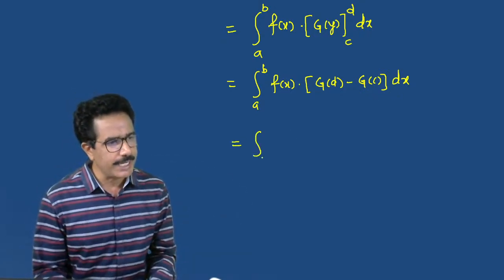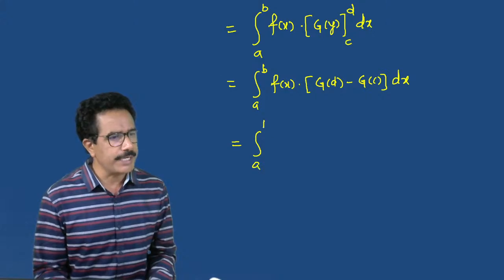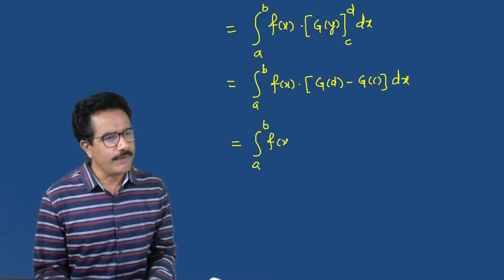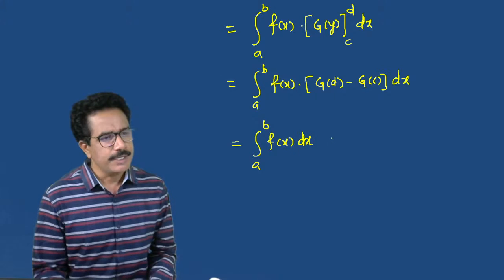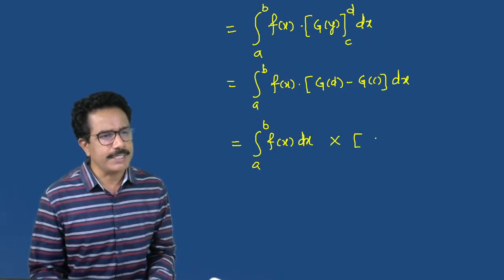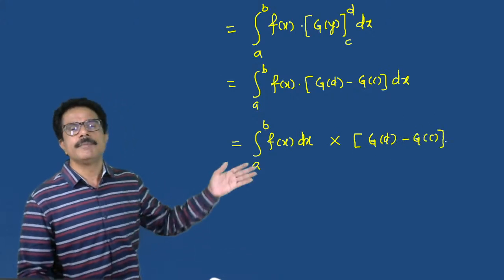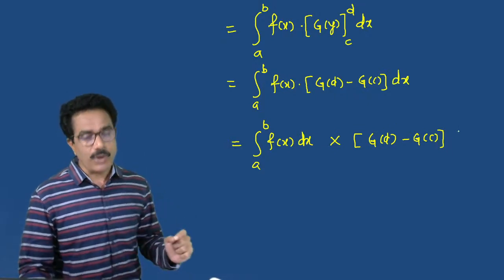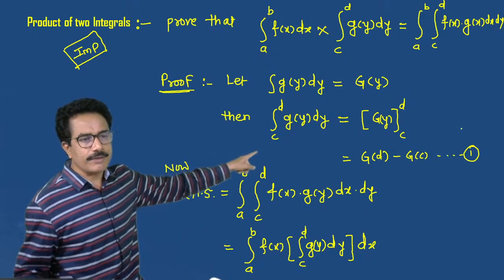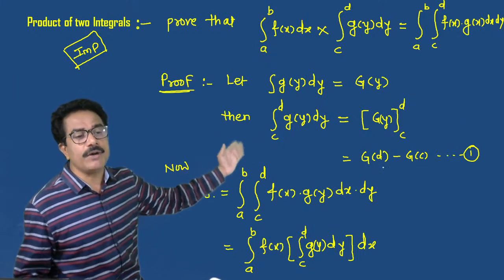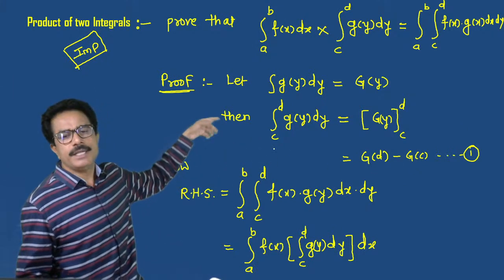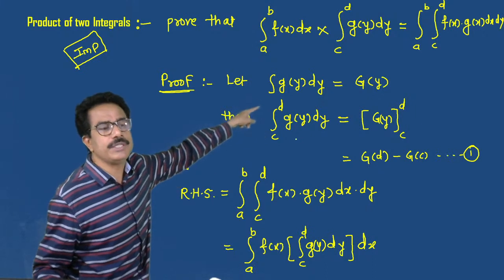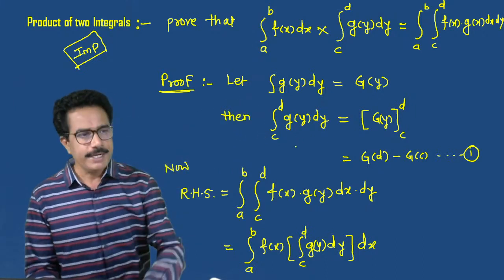So we can write the integral from a to b of f of x dx into G of d minus G of c. This is the constant term we take out of the integral. But from equation 1, G of d minus G of c is the integral from c to d of g of y dy.